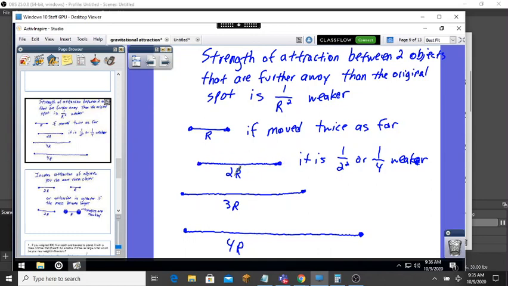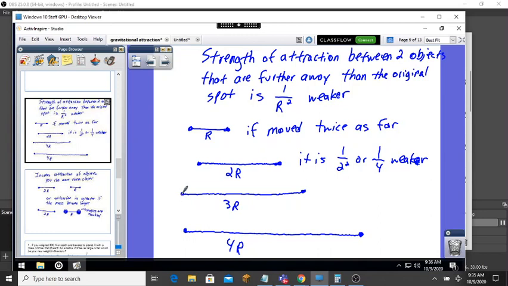If it's twice as far away, how much weaker will the attraction be? It's not going to be twice as weak or half as weak. It's going to be 1 over 2 squared. Whatever r is, if you move it twice as far away, you're going to square that. So it's actually 1/4 as strong.